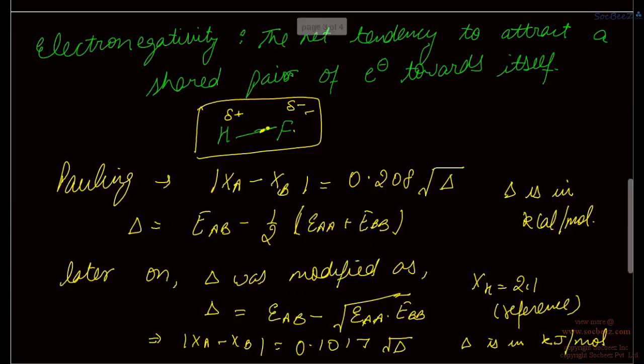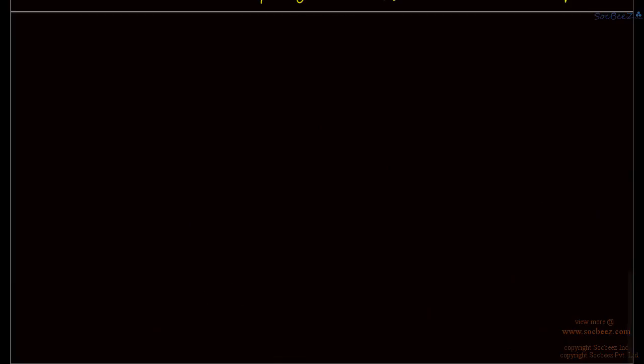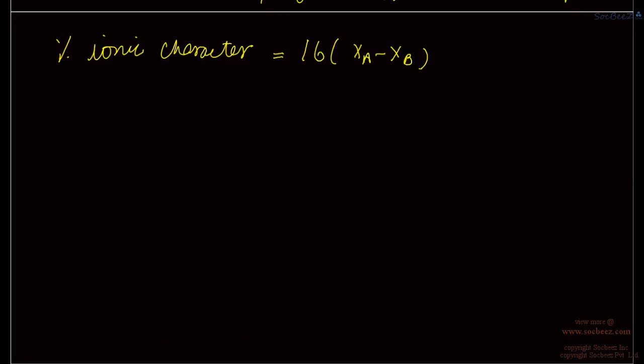So by electronegativity difference, he arrived at percentage ionic character, and its formula is 16 into (XA minus XB) plus 3.5 into (XA minus XB) squared.